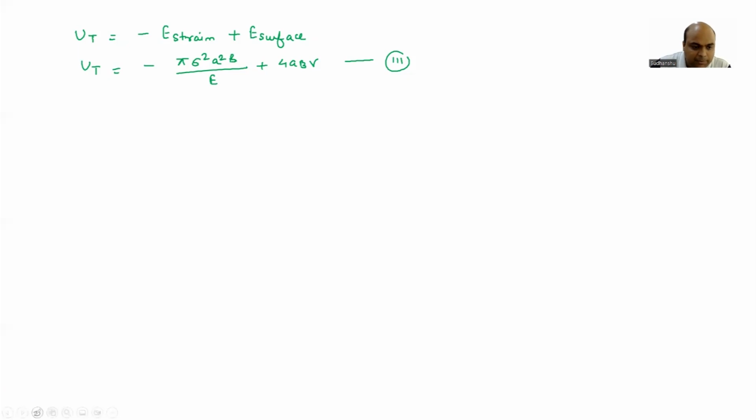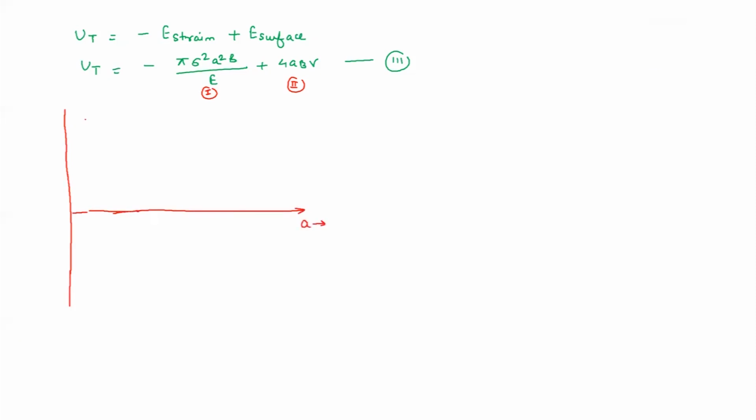The first term, let me mark 1 and 2. The first one is a relationship of a parabola, right, where the axis is A equal to 0. So what we are going to plot here is energy with respect to A, the crack length.